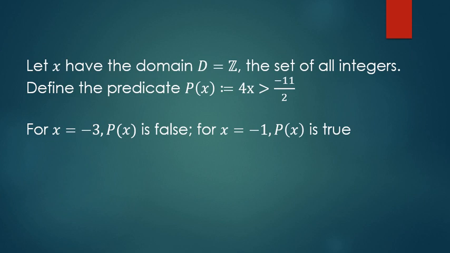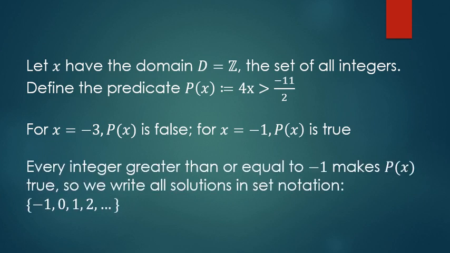Also, from our previous video, we said that we're mainly concerned about the x values from our domain that make the predicate true, and we take all of those x values that make it true and we put them inside of a set. We write them using set notation. Now, for this particular predicate, we can come up with all the x values that will make this predicate true. You would just divide both sides by 4.